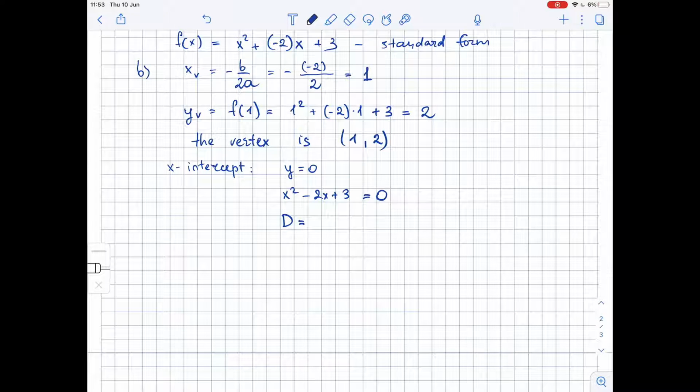So the discriminant equals b squared, so negative 2 squared minus 4 times a, which is 1 here, and times c, so times 3. Negative 2 squared is 4. 4 times 3 is 12, so it's 4 minus 12, which is negative 8. And we get that our discriminant is negative, it's less than 0, and that means that x-intercepts do not exist. So no x-intercept.